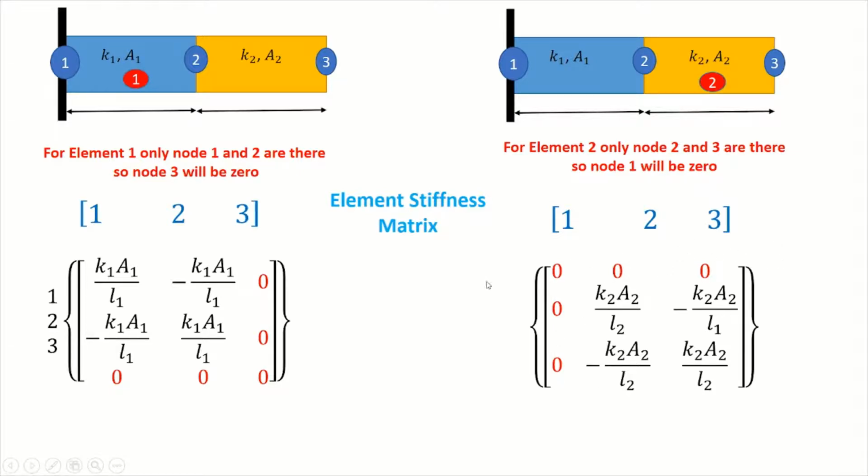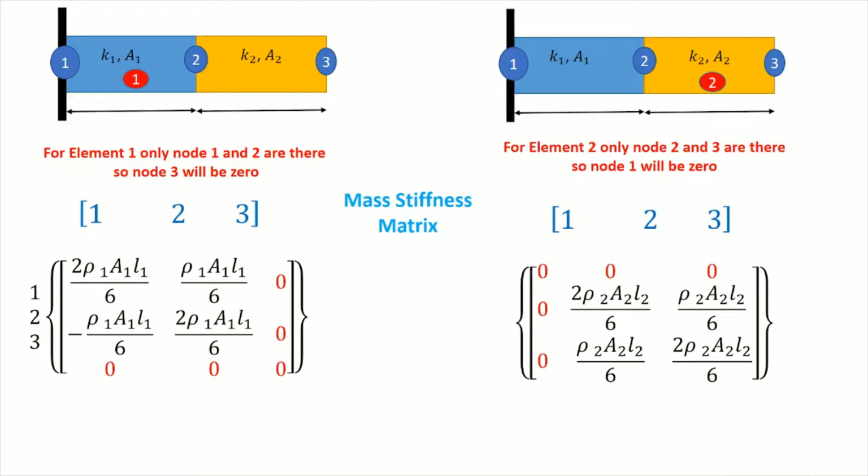Similarly, element 2 has corner points only at 2 and 3, so it will not have any of the node 1 part. That's why this has been kept 0. This is the element stiffness matrix we got for each individual element.